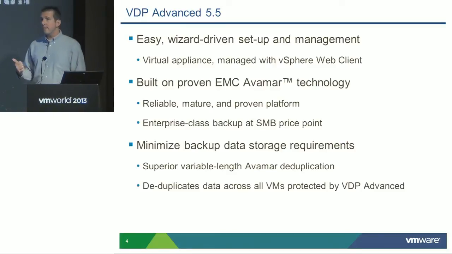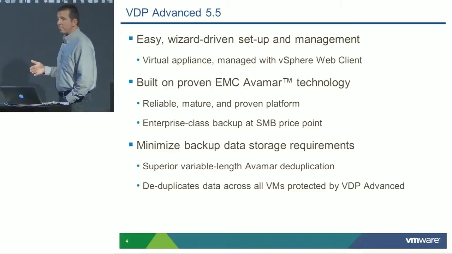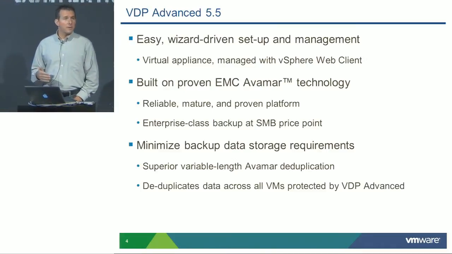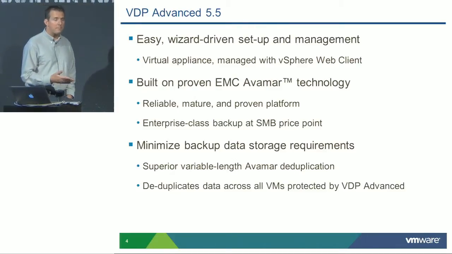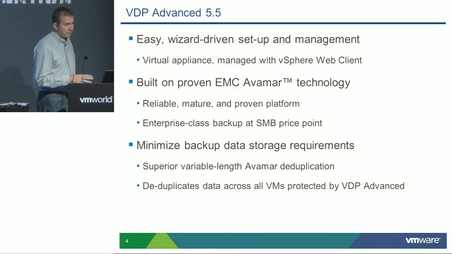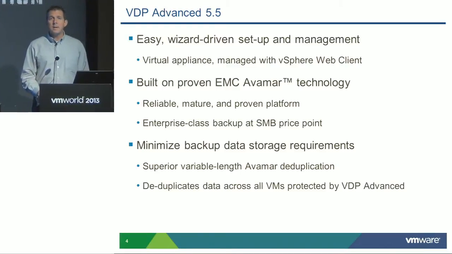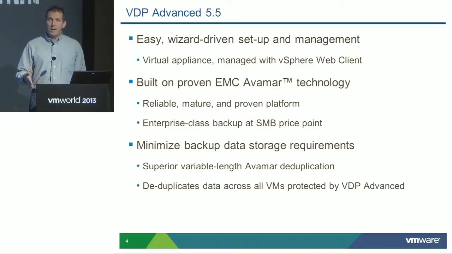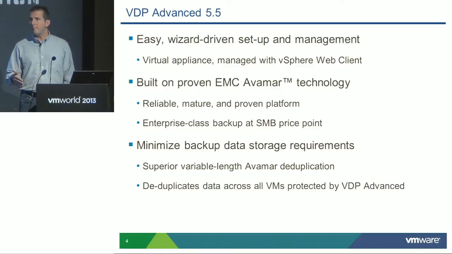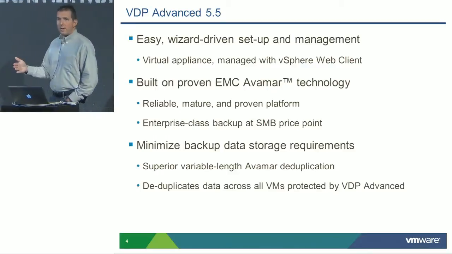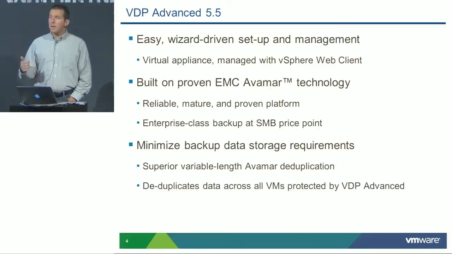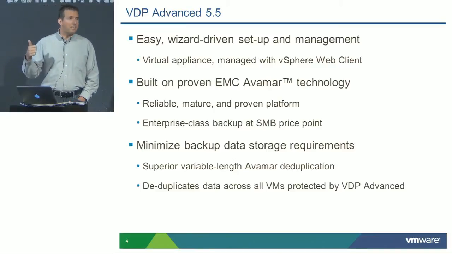The other nice thing about the fact that Avamar is inside of this appliance is the deduplication algorithm that is used. Avamar has one of the most efficient, if not the most efficient, deduplication technologies out there. For example, when you run your first few backups with Avamar or VDP Advanced, you will find that the deduplication rate is right around maybe 50 or 60% initially when you deploy it and first start doing backups. Then, of course, as you add more virtual machines, continue to do backups and so forth, you will see the efficiency get even better and better and better.